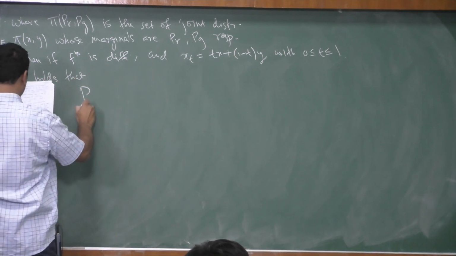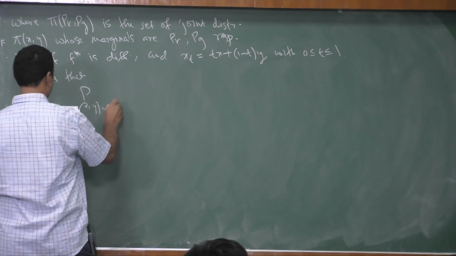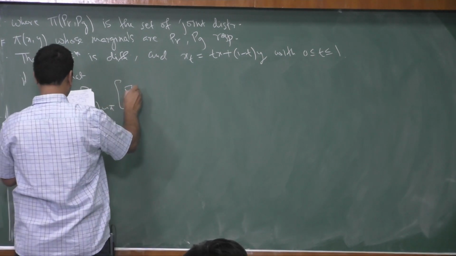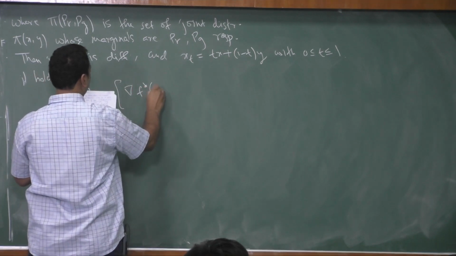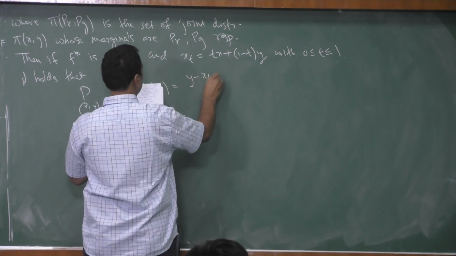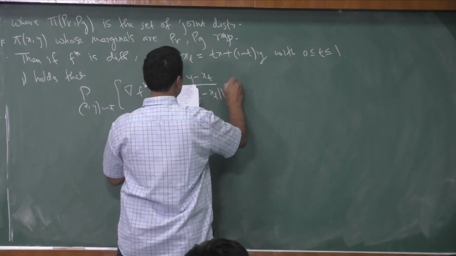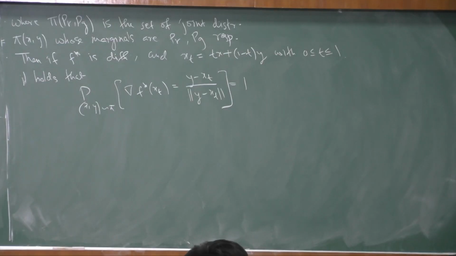Yeah, I mean they have written it like that, but that's fine. So the gradient of f star at x_t is equal to (y minus x_t) divided by the norm of y minus x_t, which has norm 1. I will explain what is going on here, but let me first finish this.